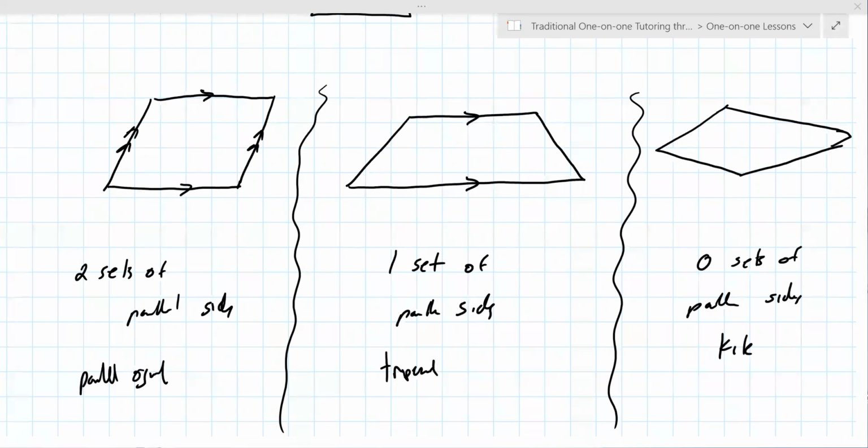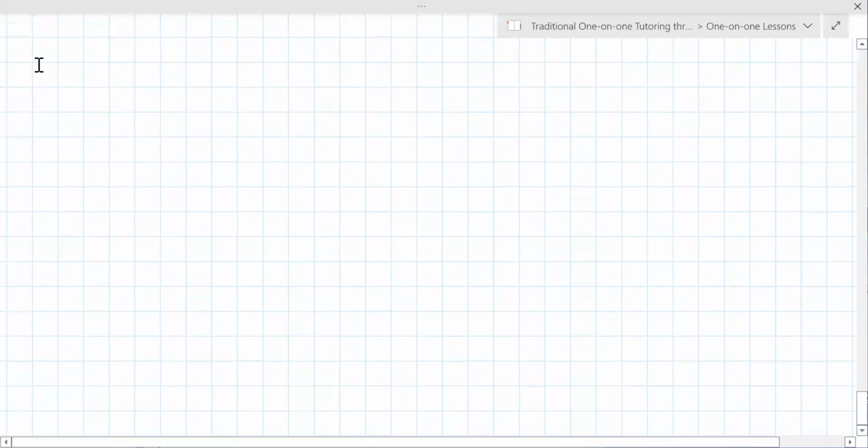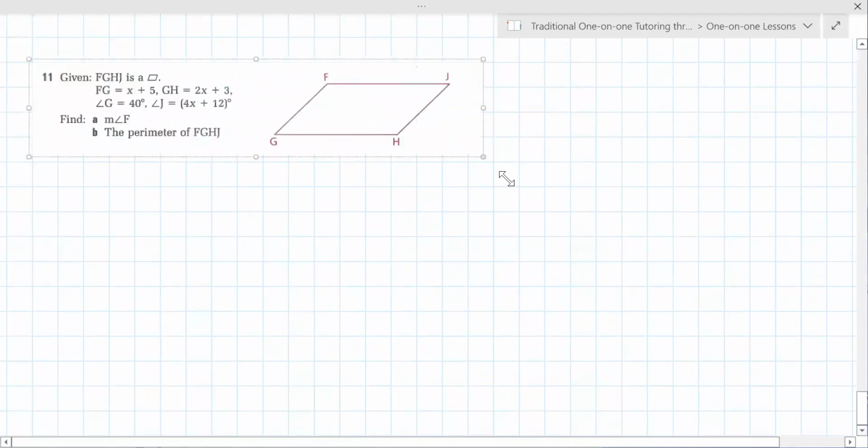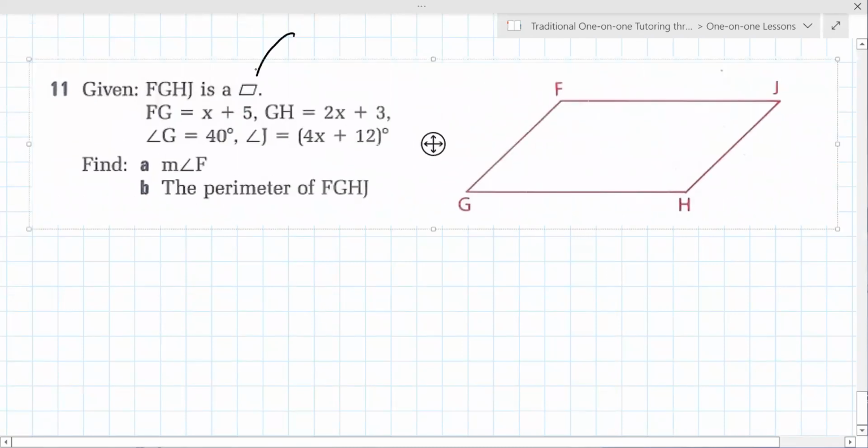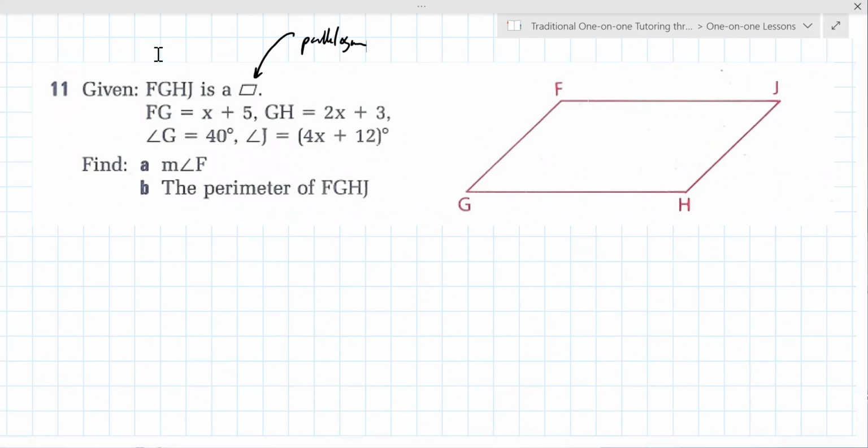So my next question to you is this problem here, which is, this means parallelogram. With a parallelogram, you get a lot of nice things. Because they're parallel, opposite angles are congruent: F is congruent to H, G is congruent to J. You also get that opposite sides are congruent, and that same side interior angles add up to 180.